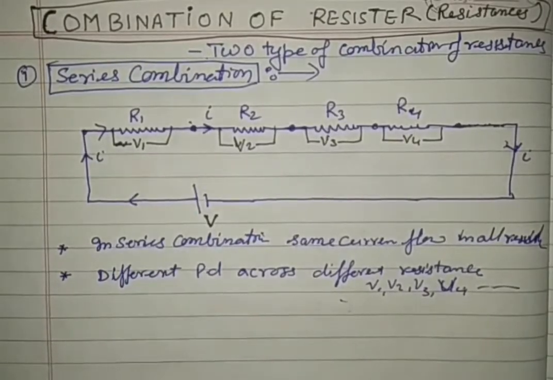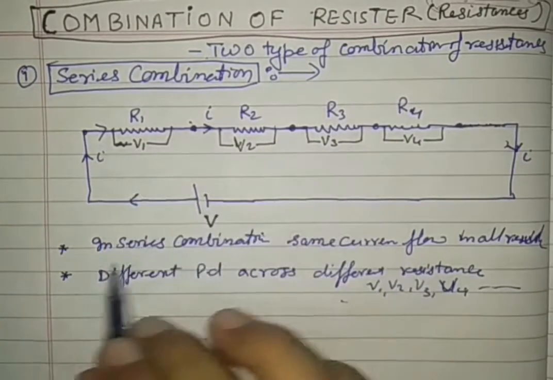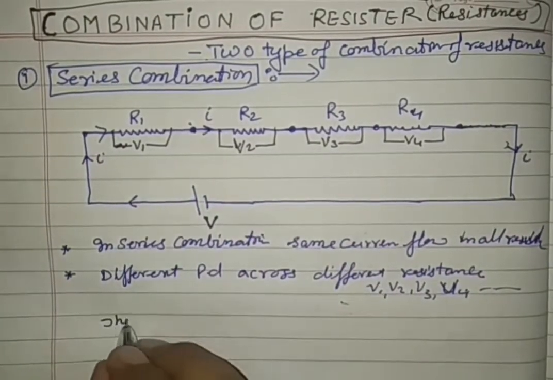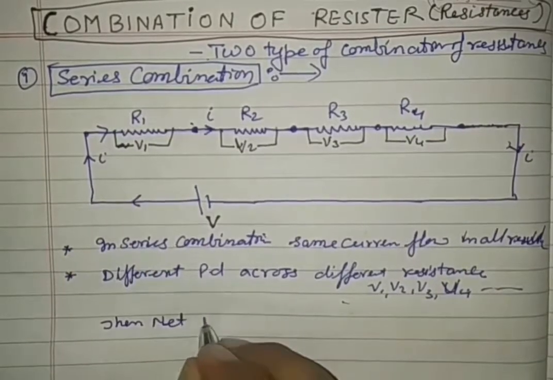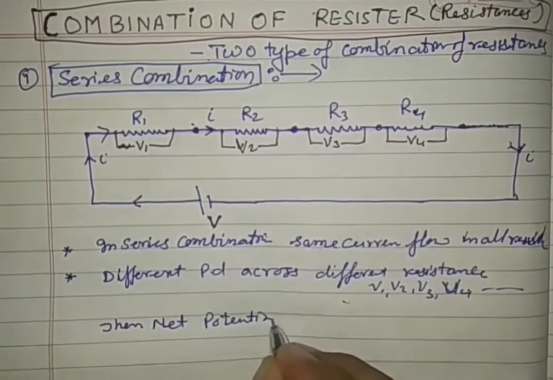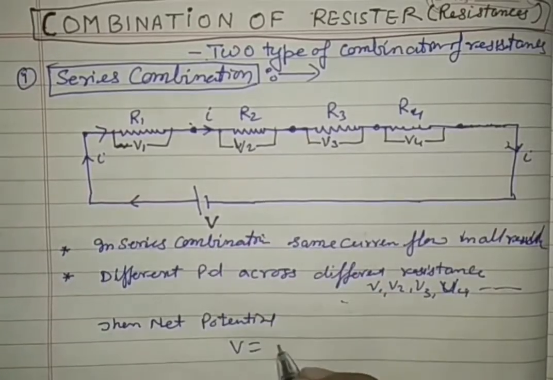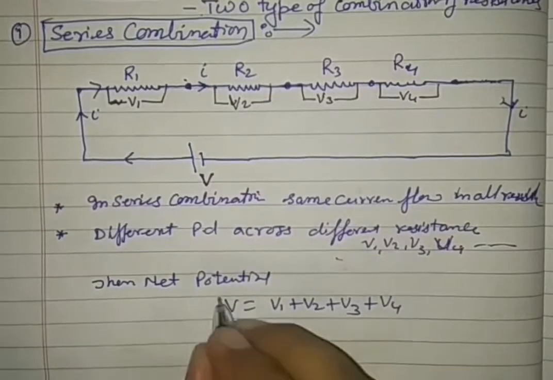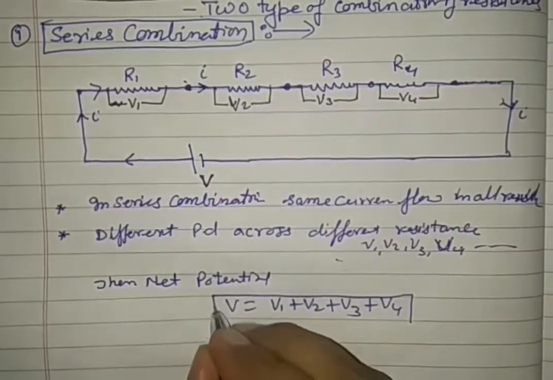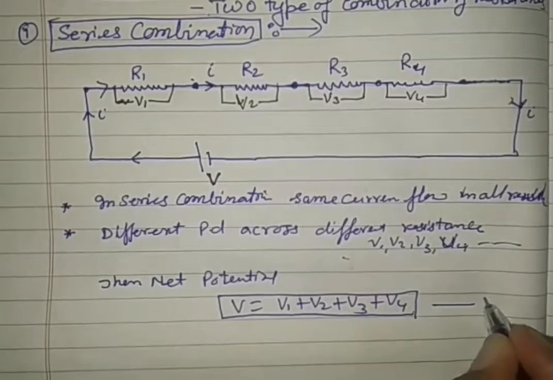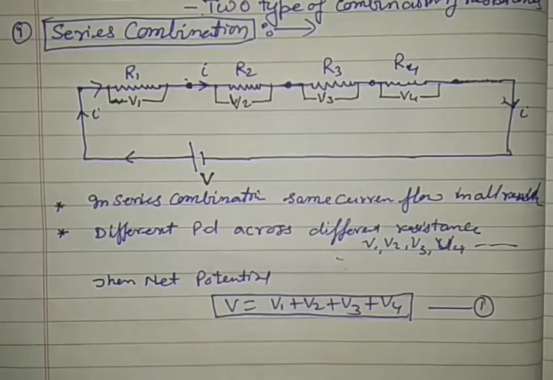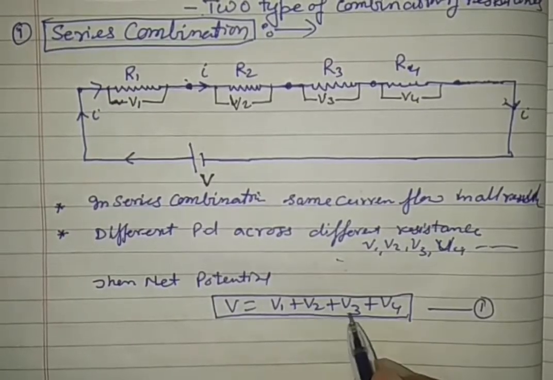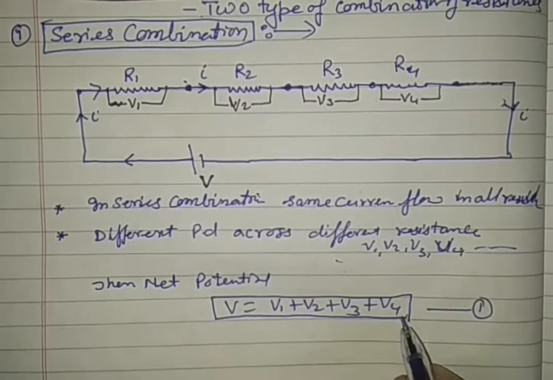So the current is common, the same, and the potentials are different. So the net potential V is equal to V1 plus V2 plus V3 plus V4, and it is represented by equation number 1. The applied potential V is equal to V1 plus V2 plus V3 plus V4.